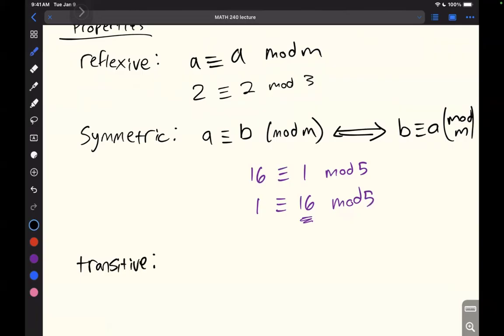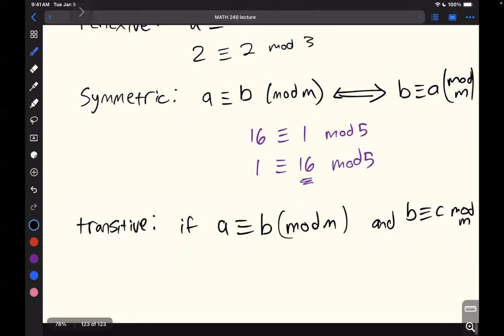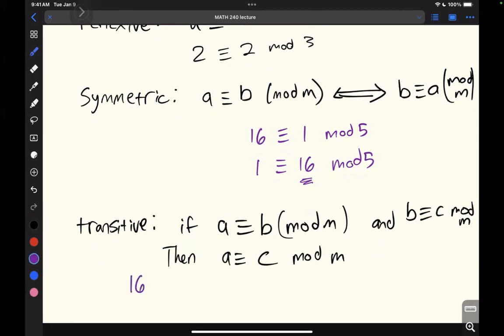And then the transitive property is: if A is congruent to B mod M and B is congruent to C mod M, then we can say A is congruent to C mod M. So let's consider 16 is congruent to 6 mod 5, and 6 is congruent to 1 mod 5.